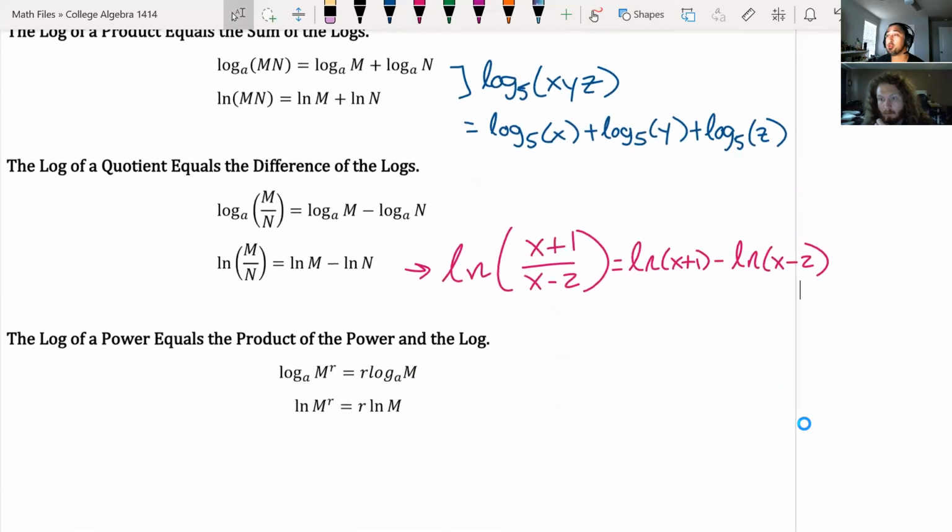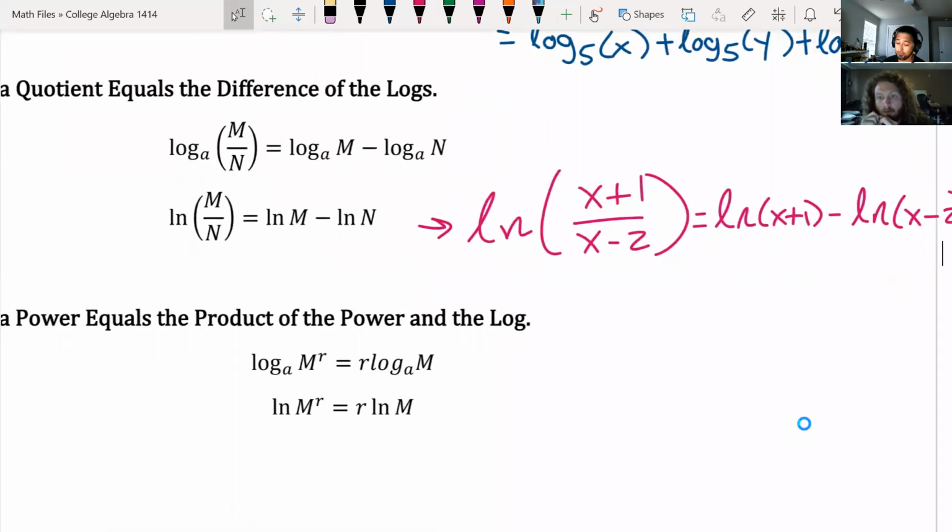And then 3, the power rule for logarithms. This one's the easiest. If you have log base a of m to the r, then by the power rule for logs, all you do is take this exponent and bring it to the front.